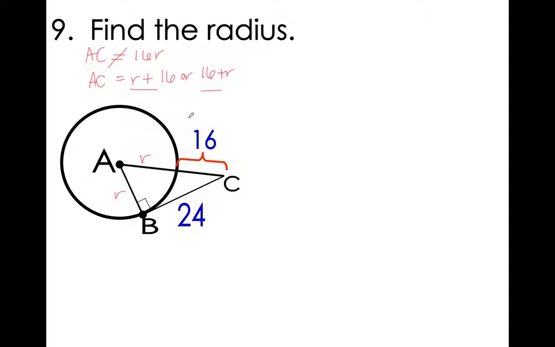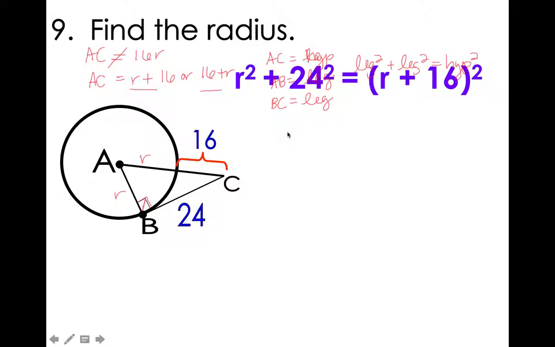So now when we look at this, AC is a hypotenuse, I'm sorry, because remember, the hypotenuse is across from the 90-degree angle. AB is a leg, and BC is a leg. So I set it up once again as leg squared plus leg squared equals hypotenuse squared, the same way we've been setting it up every single time.